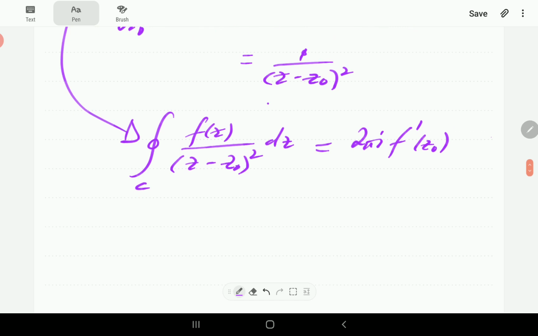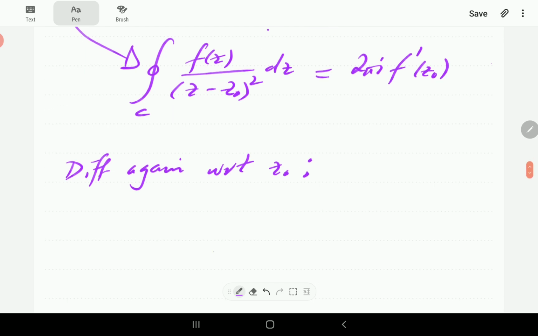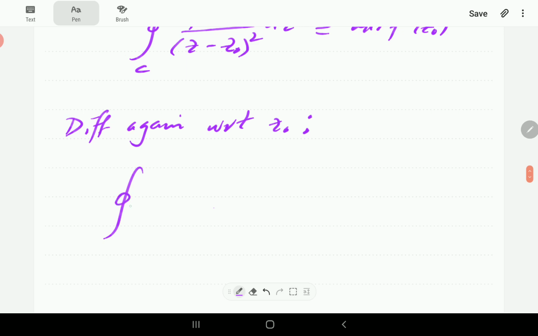Then we differentiate again with respect to z naught. This time we have to multiply by 2. So the left hand side is going to be 2 times the integral of f of z divided by z minus z naught cubed dz.